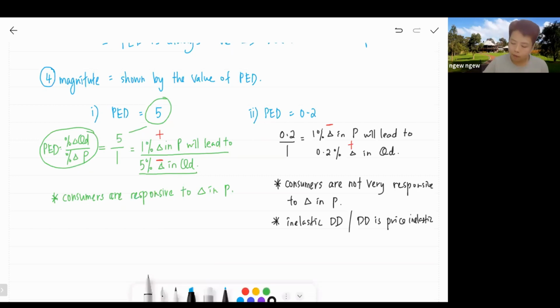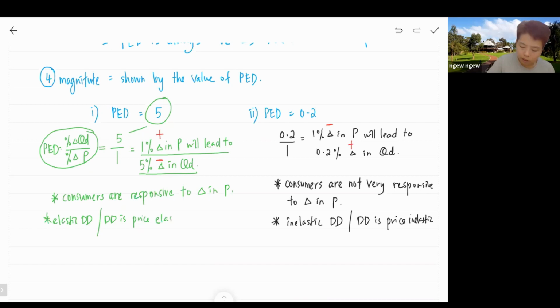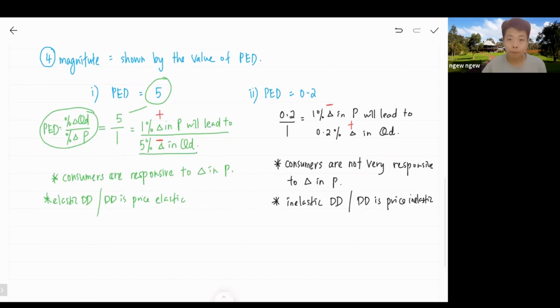Likewise, for this one, we can say it is elastic demand, or demand is price elastic. Moving on to understand magnitude further, we use a diagram. Let's look at this diagram. For elastic demand, the diagram will be flatter. Why?